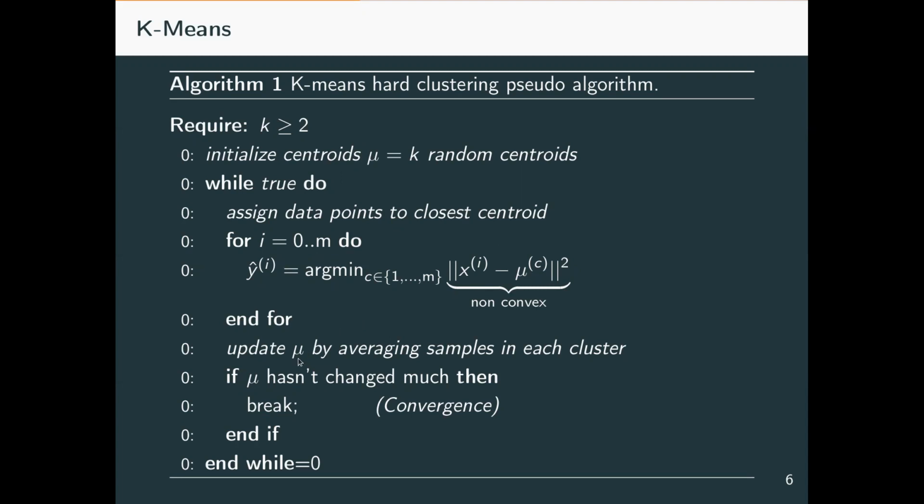Then we update the means by averaging the samples in each cluster. So we're practically averaging the points, and we take the mean one.